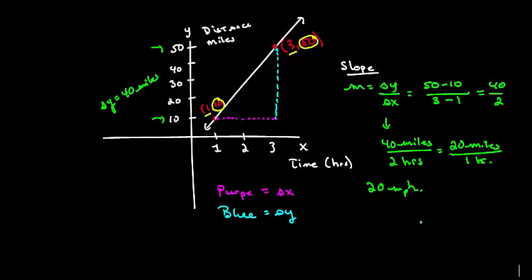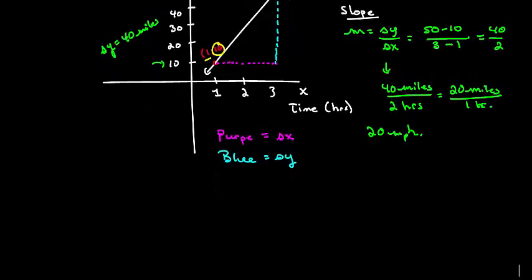Now who knows actually what we did in between. Maybe we stopped and we got something to eat, and then we biked really fast, and then we stopped again for a break. Who knows? But the average is 20 miles per 1 hour. So what's important about slope, this is really important. You should write this down. You should have it tattooed somewhere on your arm.